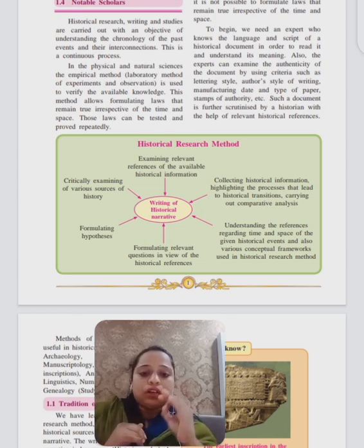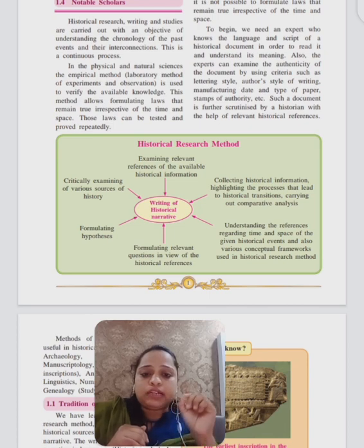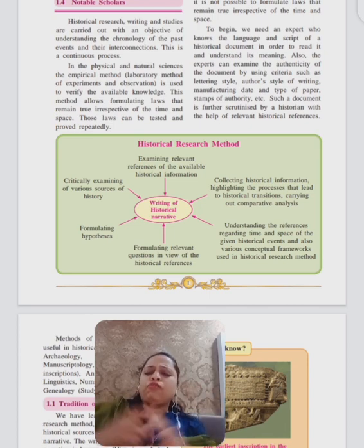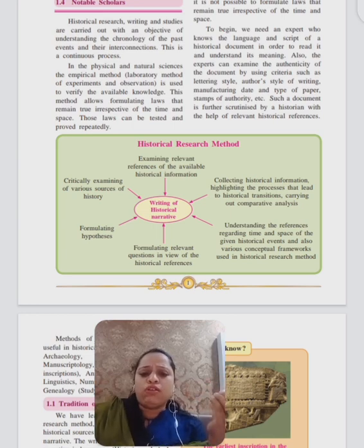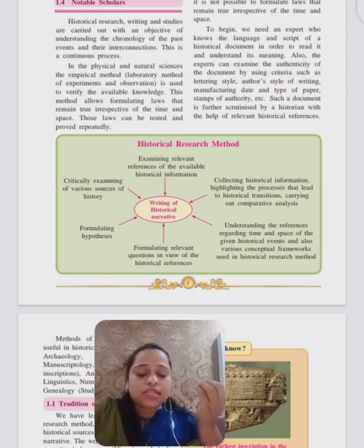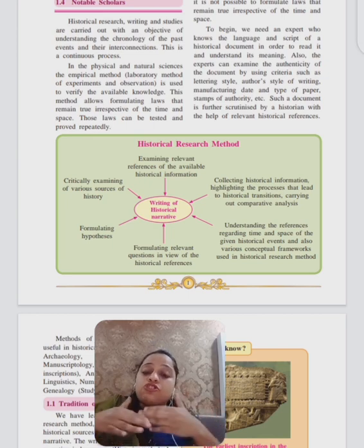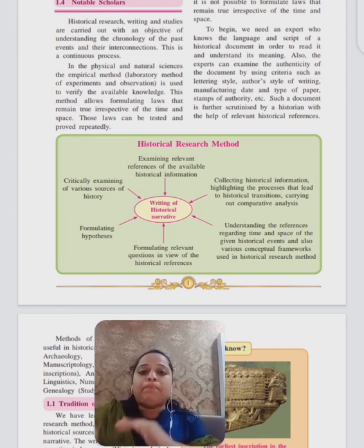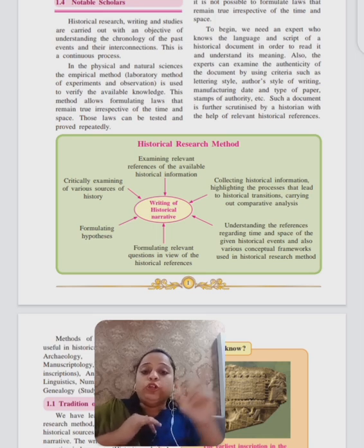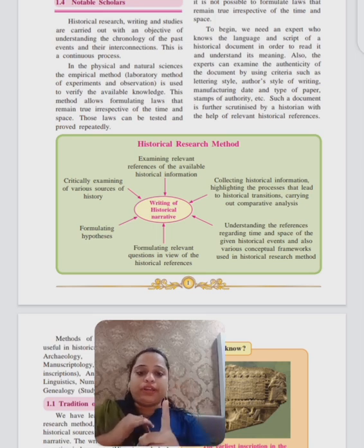Next, collecting historical information, highlighting the process that leads to historical transitions. Historical transition means historical change. Then carrying out comparative analysis. Now see, I will give you an example. Before India got independence, Congress was divided into two parties, the moderates and the extremists.